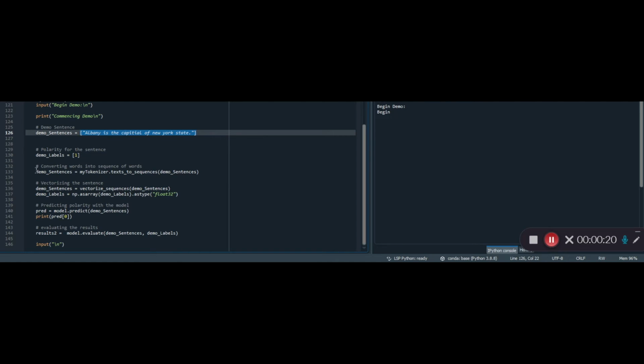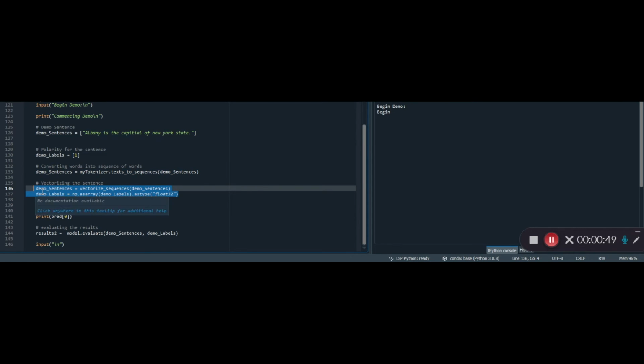Next, we'll transform our sentences into a sequence of integers, with each integer representing a word. The use of sequential integers allows the recurrent neural network to use a different size of n-grams per step. Following the sequentialization, the sentences need to be vectorized, and the labels need to be converted into an array.